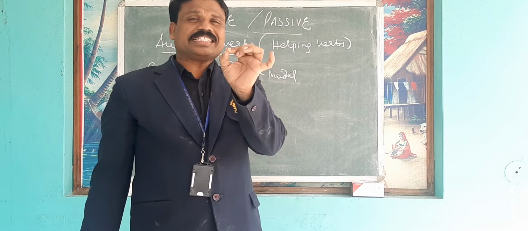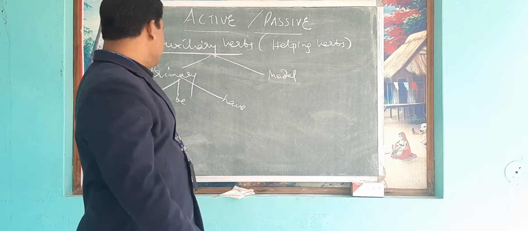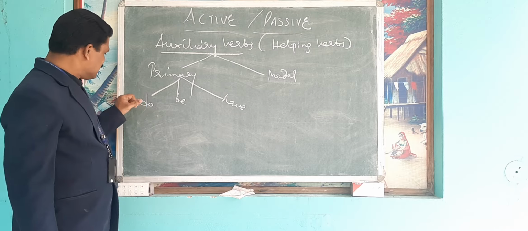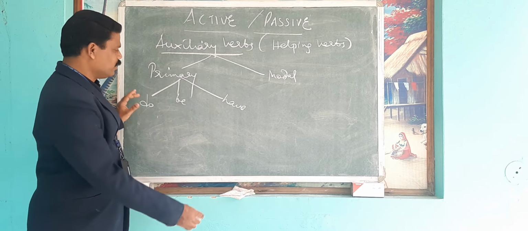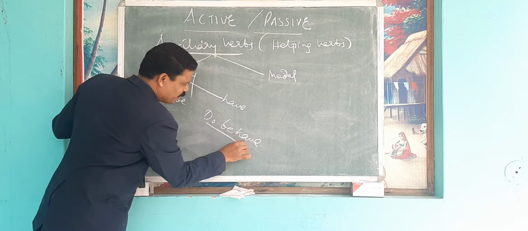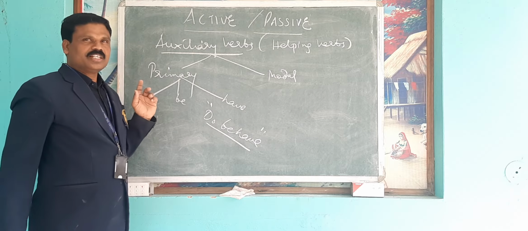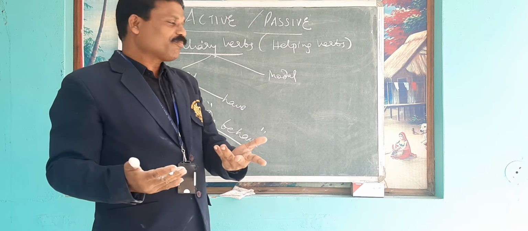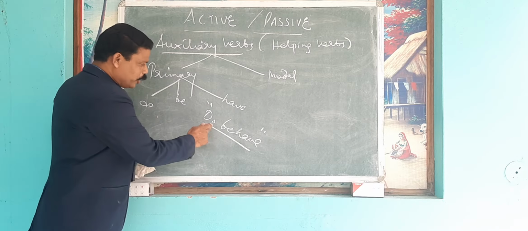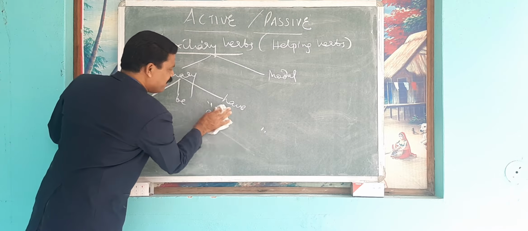It is very easy to understand that. Don't forget the sentence "do behave." So you can easily remember the primary auxiliary verbs. It means do, be and have.